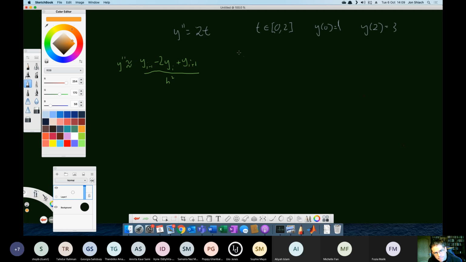Okay, so I'm going to rewrite our ODE using this symmetric difference. So we've got y_{i-1} minus 2y_i plus y_{i+1} all over h squared, and that's equal to 2 times t, and I'm going to put t_n. The reason being is essentially we have a number line.